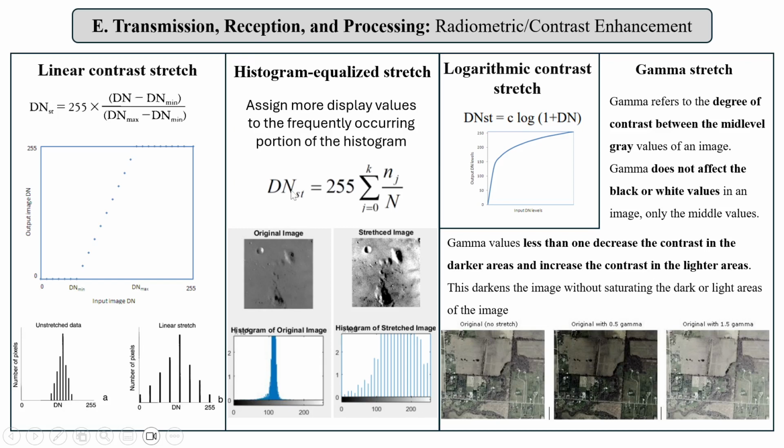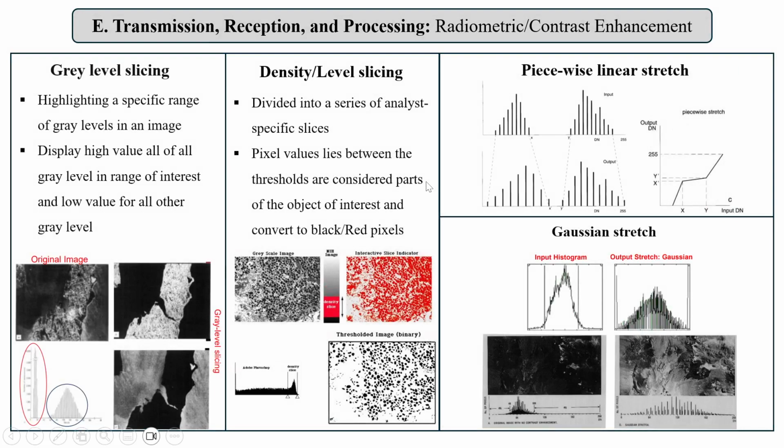In the histogram equalized stretch, this is the formula that we use, and this histogram is not exactly like that because it is not a linear one, but it is also covering the entire range. Then there are other types, and I will not go much into the details of these.